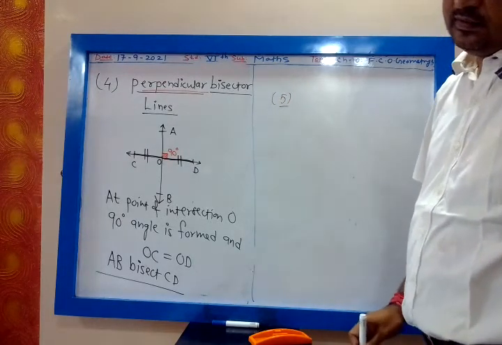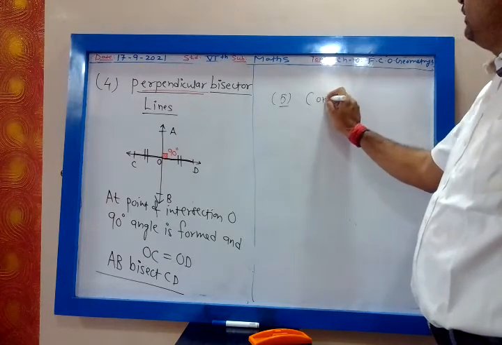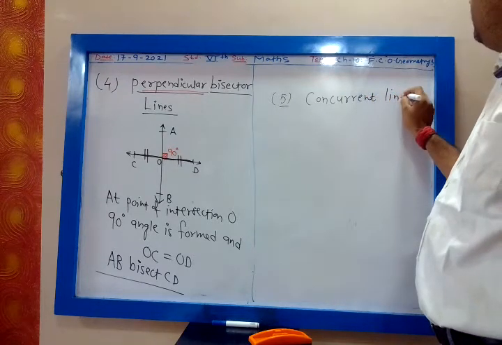Then fifth one is concurrent lines. Fifth one is the last, concurrent lines.